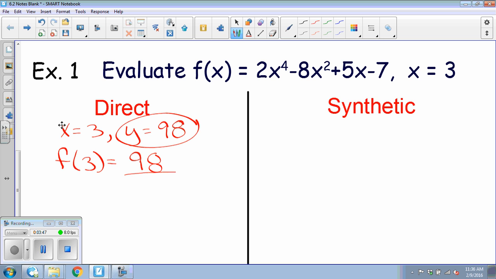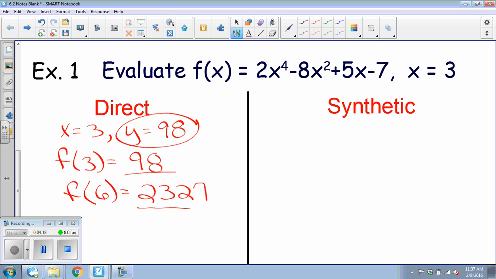So if they asked you what is f of 6, you're going to use that calculate value function and plug in 6 with the same function. So second calculate value, plug in 6 for x, and what do you get? 2,327.